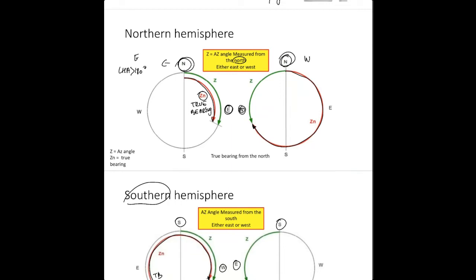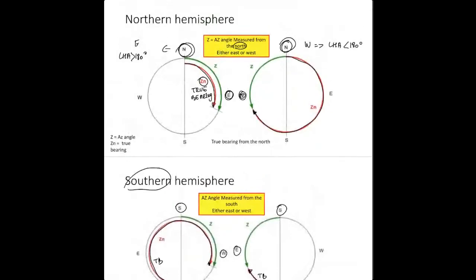When it's measured over the west, it means that your local hour angle is smaller than 180 degrees. And so in this first case, true bearing equals azimuth.